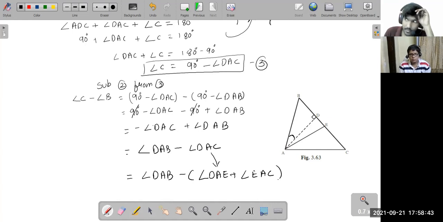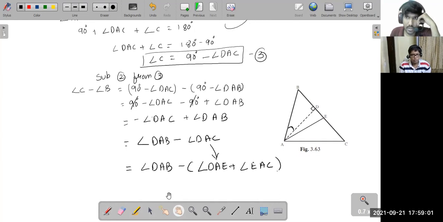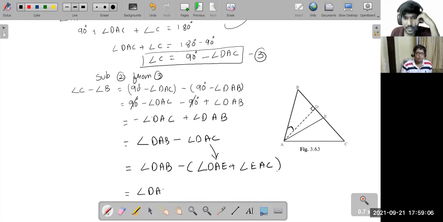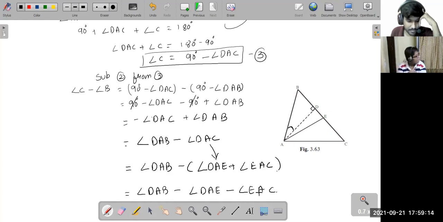Keep it inside the bracket. Yeah, did you understand this? Yes, sir. So open up the bracket: DAB minus angle DAE minus angle EAC.